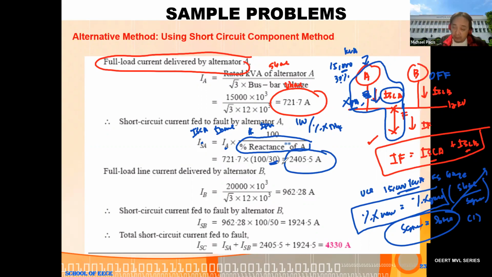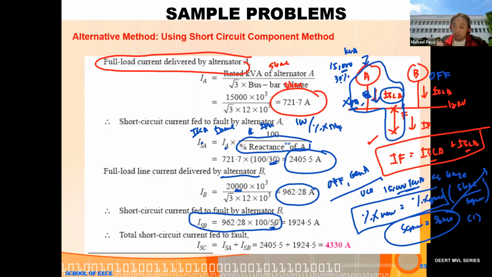If you do the same pattern at B, considering generator A is off, then it will yield with the same method that we have discussed on alternator A. So in this case, magbabago lang ang I base mo because the base is already at B. And then the short circuit contribution at B will yield with the same X given over X base is equal to X given, kasi ang given sa B, if you still recall, going back to your notes, is 50% X at saka 20,000 kVA, right?